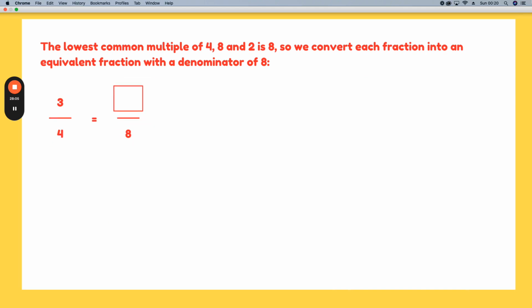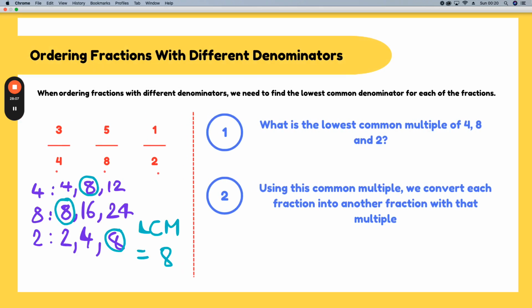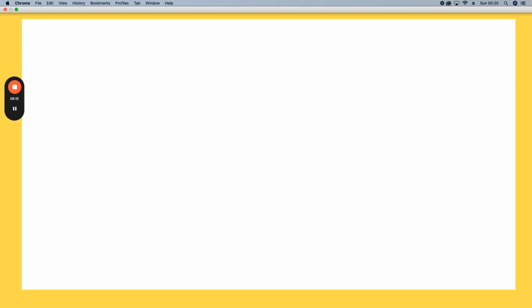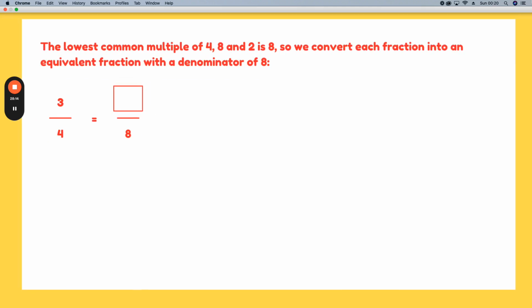So let's have a look at 3/4. 3/4 is our first fraction, and we need to convert that into an equivalent fraction with denominator of 8.